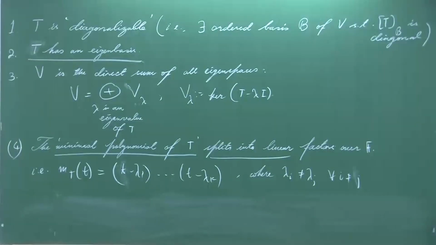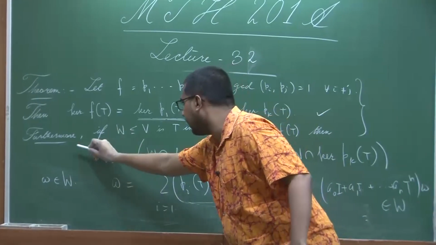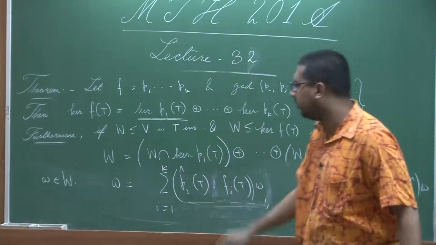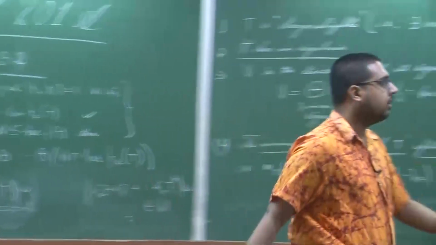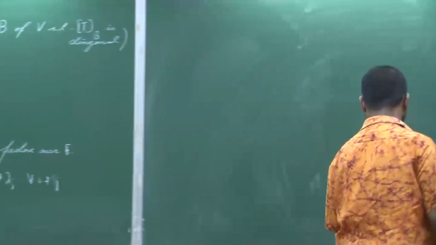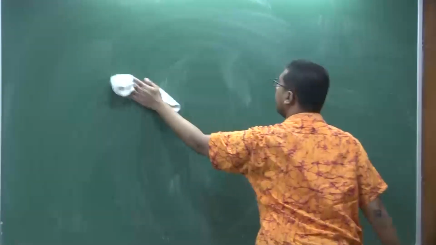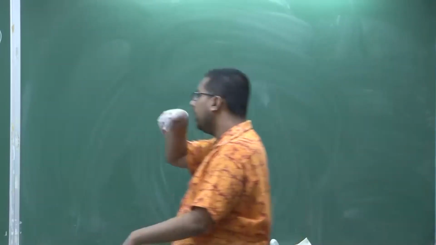You can see that the second part is just an extension of the previous one. I will do an important consequence of the second part. I will prove 2 important results regarding diagonalizability.